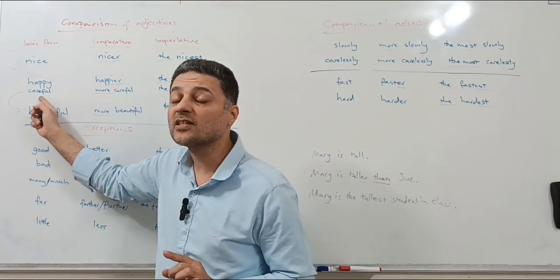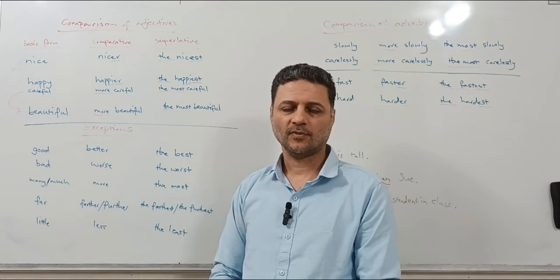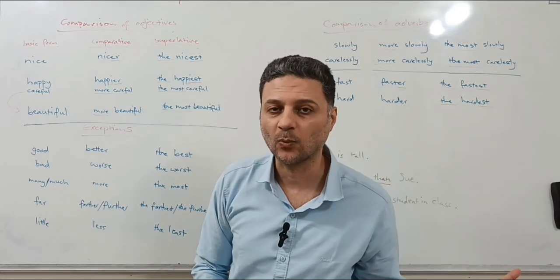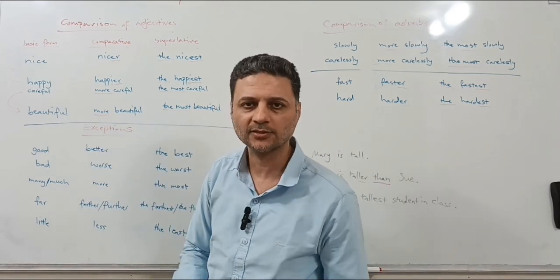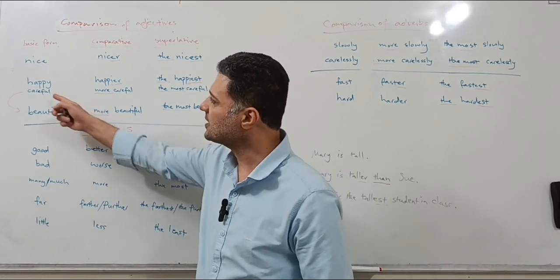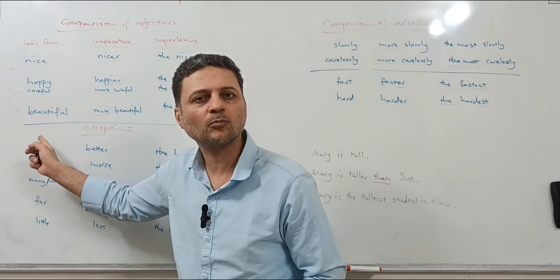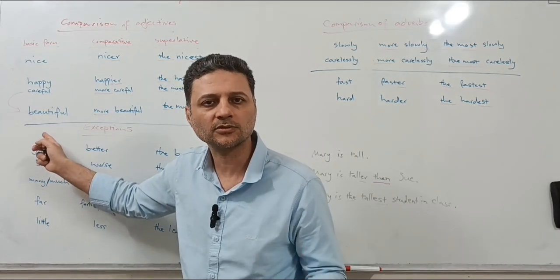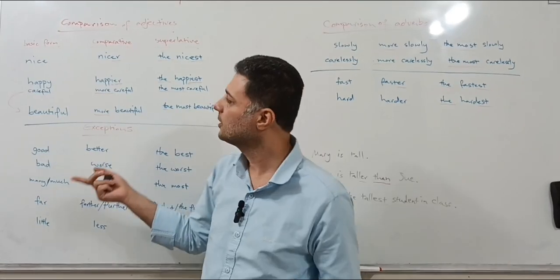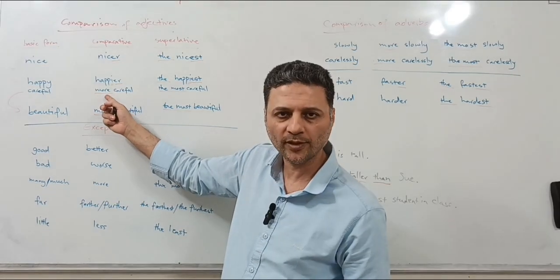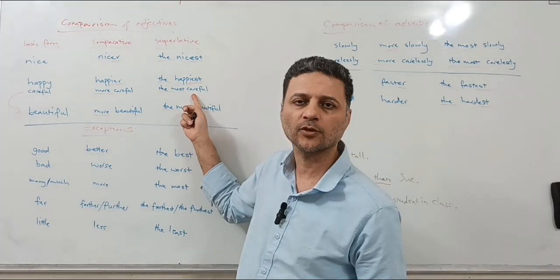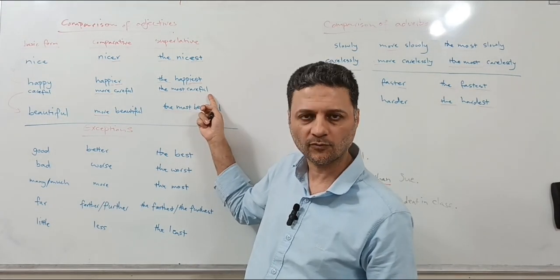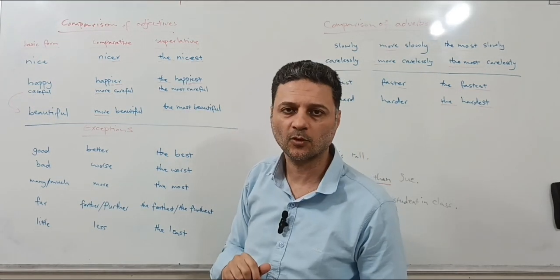But adjectives of 2 syllables that don't end in y, like careful, like careless, right? These adjectives, we treat them like adjectives of 3 syllables and onwards, like beautiful. So we add more before them, more careful. And the most before them in superlative forms, like the most careful, okay?